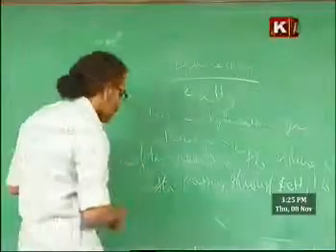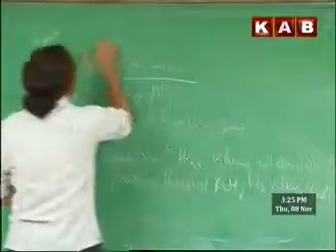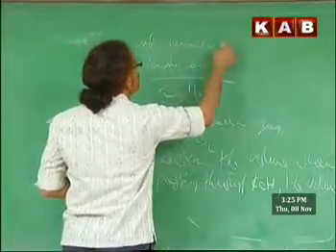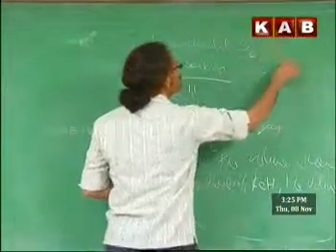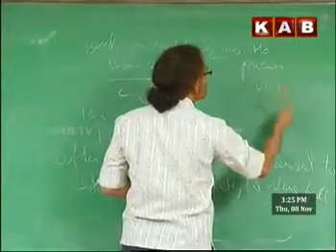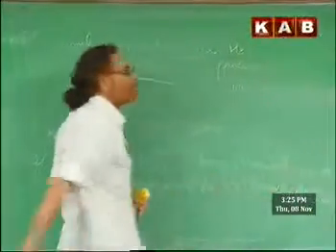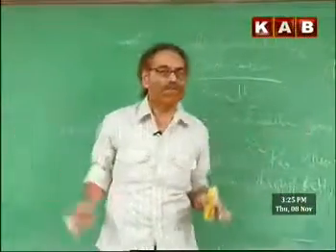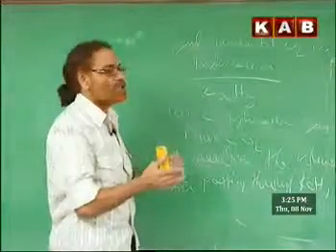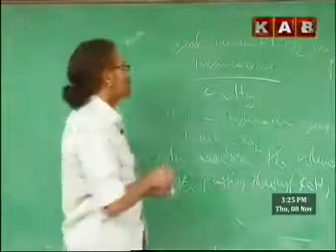So I am giving the information that the unreacted oxygen in the process is some 65 cc. At the end of the reaction I found 65 cc of oxygen left unreacted. So from this information, how do we understand the values of X and Y? Look at this.